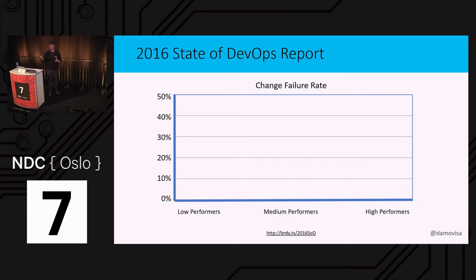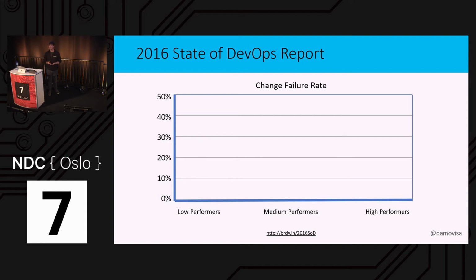And basically they classify all the different organizations. They interview about 27,000 organizations, and they classify them in terms of how mature their DevOps process is, usually based on things like how often they deploy, or how quickly they can deploy, their cycle time, and various other metrics. They classify them into low, medium, and high performers.